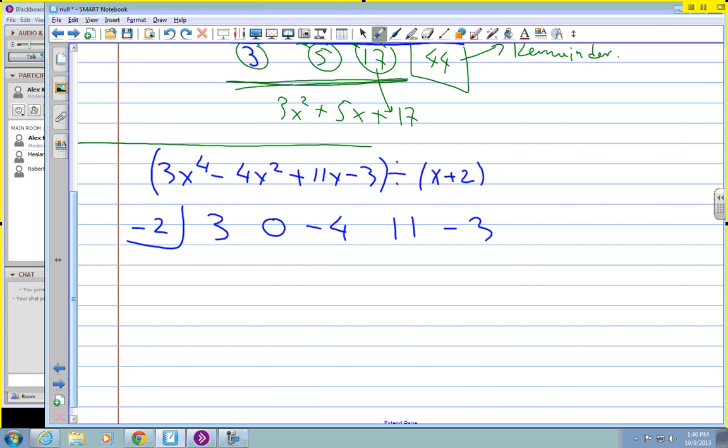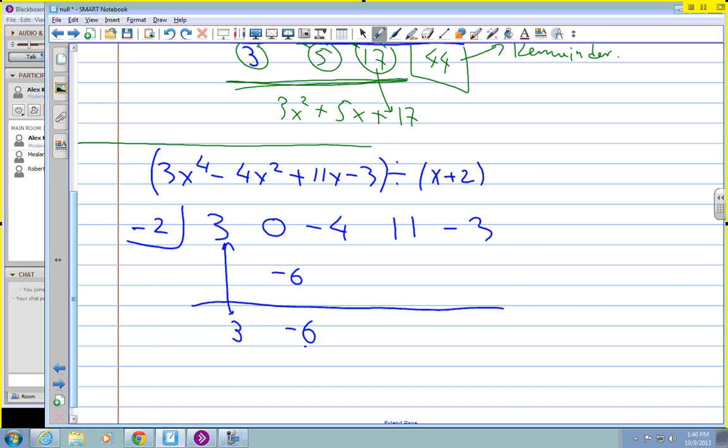And then the process will stay the same. We will drop that 3 down. And then we'll multiply 3 by negative 2 to get negative 6. We'll add to get negative 6. And then we'll multiply again.